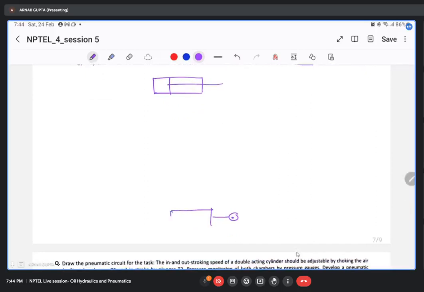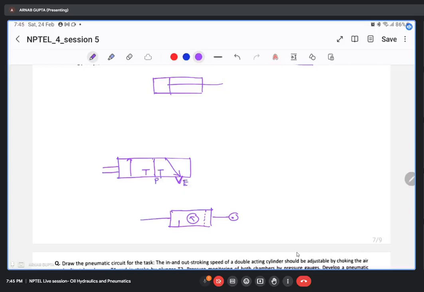So after this, you are having a funnel. This is one of the important components. Next, we will be going to one valve. Since you're working with pneumatics here, you will be using this symbol to denote exhaust port. So there is no tank port here.